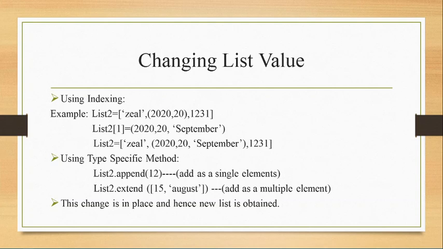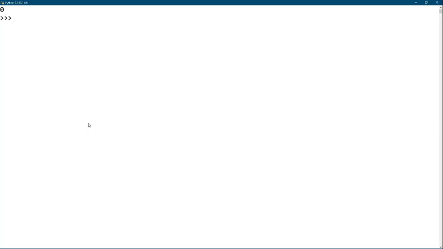Okay, then changing list values. If we have to change a value of a list in place, we can use methods like indexing. Some type specific methods can also be used. Let's see them one by one.